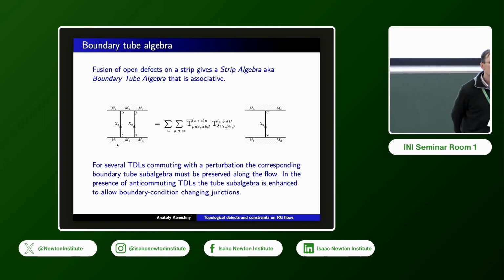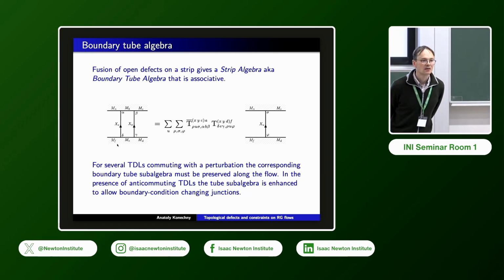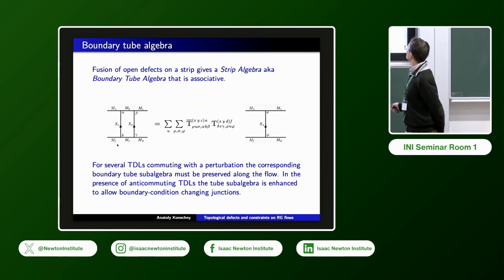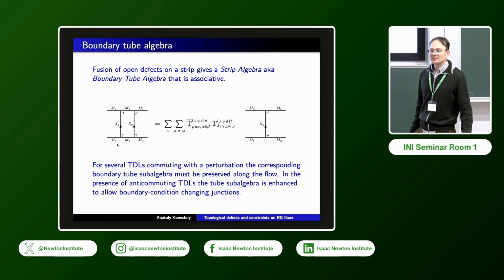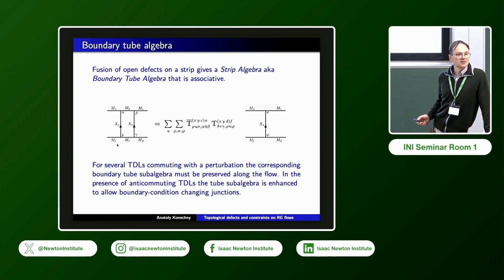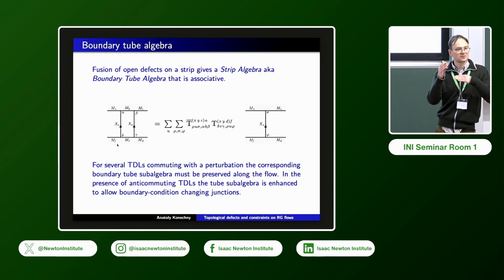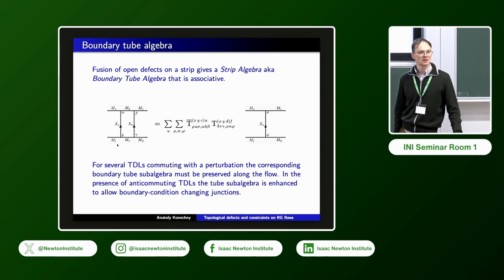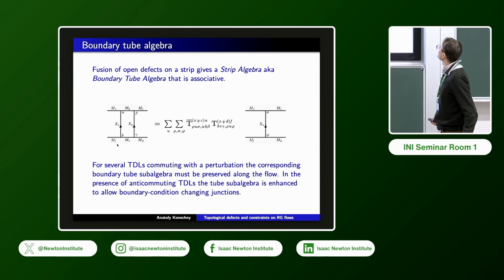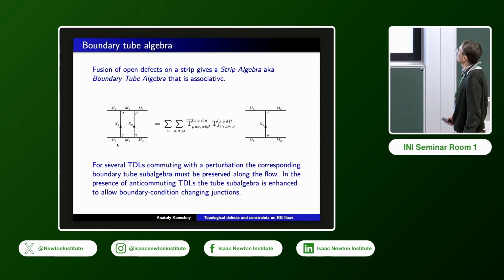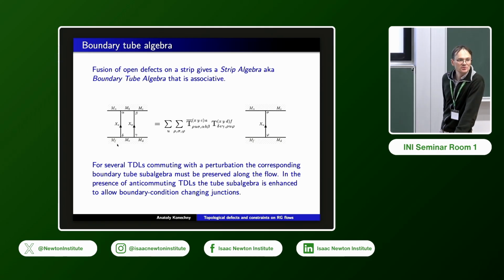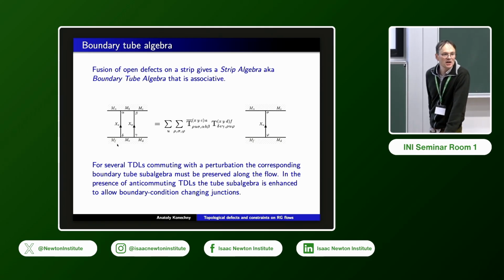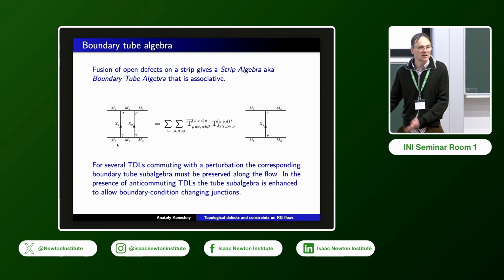Yes? Can this be interpreted as some boundary anomalies? I think the previous slide, yes, the one with the fusion. It's like fusing matrices. You could. No, but this is just an associative algebra, so it's nice to think that your charges you can multiply them as if in an algebra.